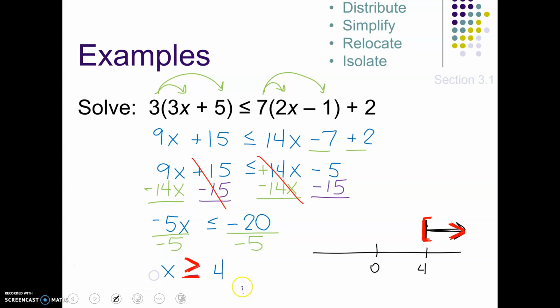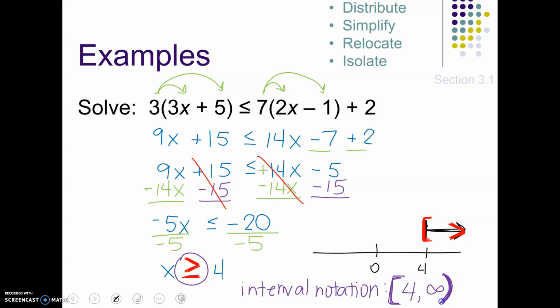And so when I go to write my interval notation, again, that's the notation that says infinitely many different values from here to there, from the left to the right. As far left as I go is 4, which I can equal. I go all the way up to positive infinity, which I never can equal. So again, I can equal 4 based on my inequality statement. I never equal infinity. Those will always have parentheses on them.